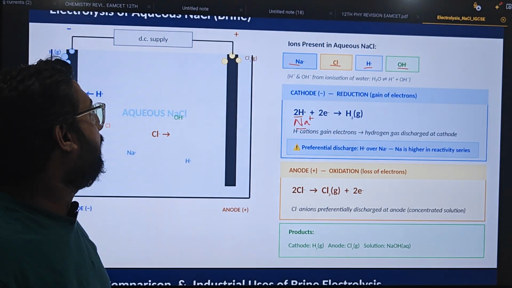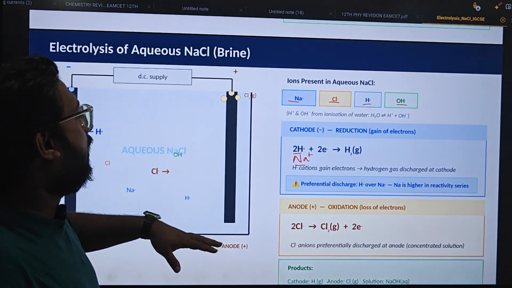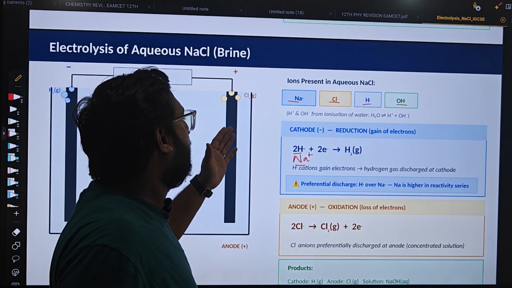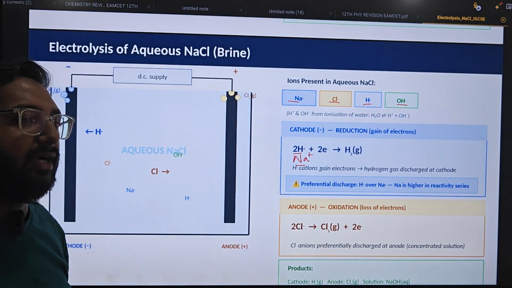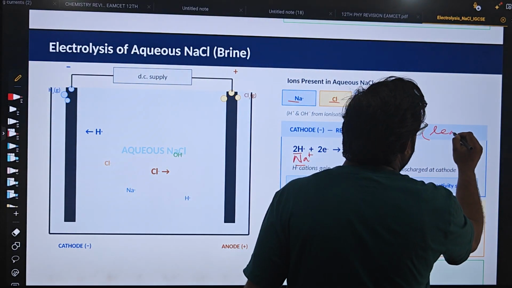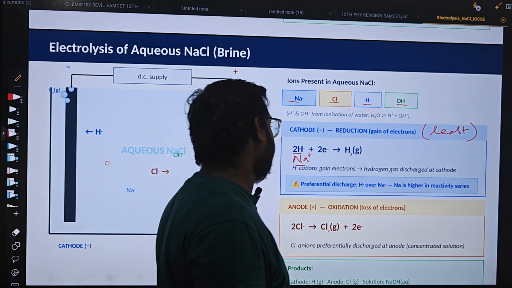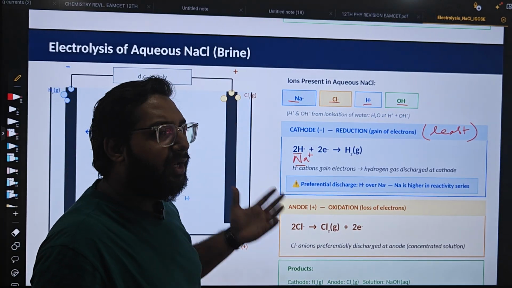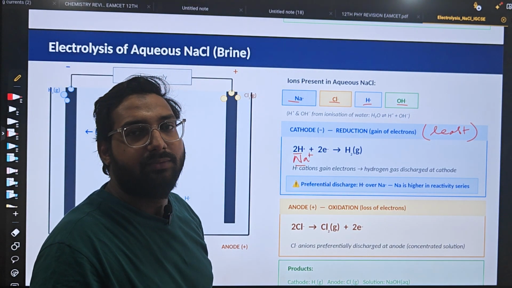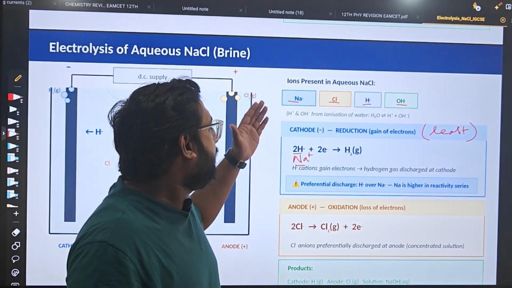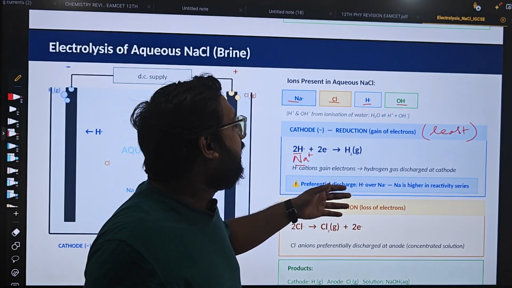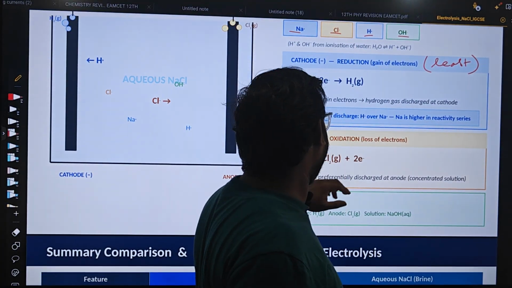So always remember, during electrolysis of aqueous solutions, at the cathode, the least reactive gets deposited. So between Na+ and H+, which is least reactive? H+, right? So H+ gains electrons, that means it gets reduced and hydrogen gas is formed at the cathode.